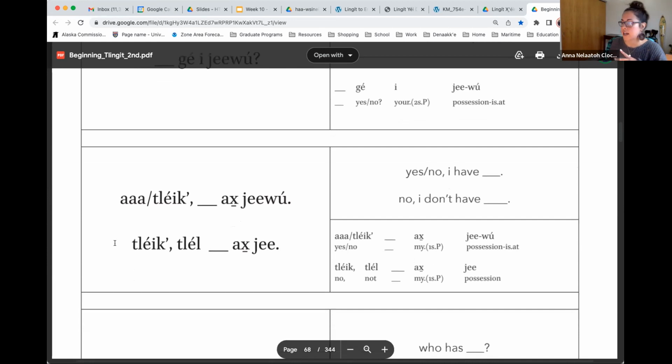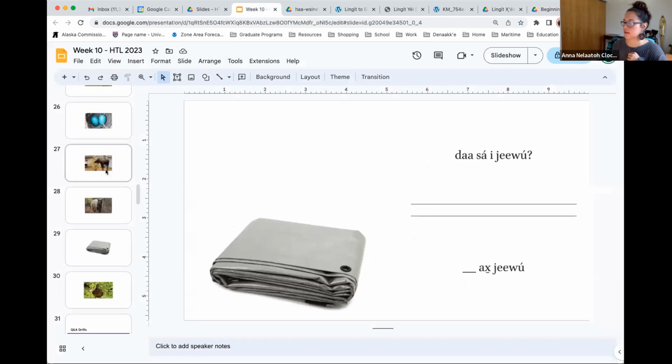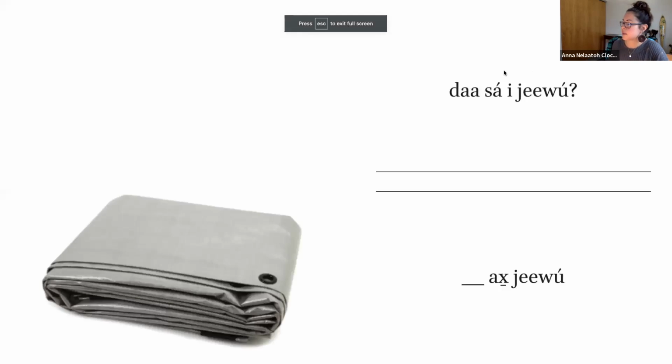We're going to end it there. I like to minimize how much new vocabulary I teach in one session, so we're going to reiterate what we already learned. Going back to our drills. Da sa jeewú.